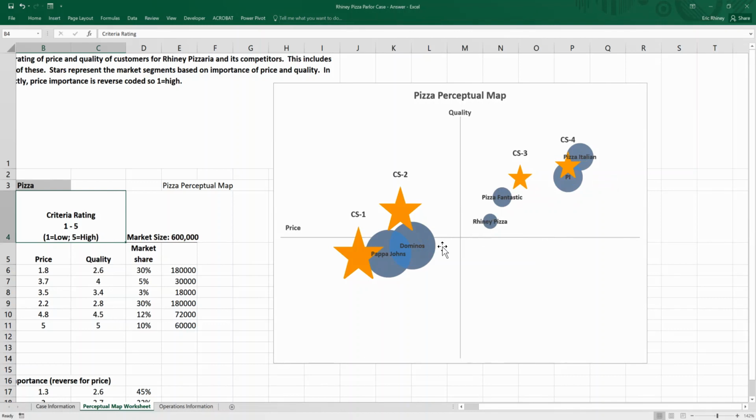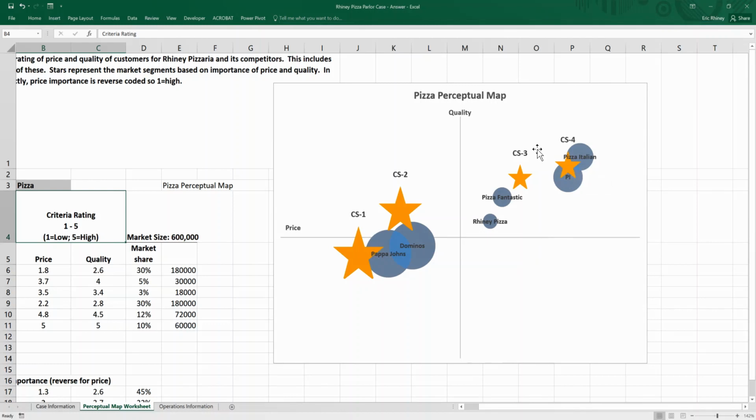We also have these circles which represent the various competitors, and we see down here Papa John's and Domino's are vying for these 2 market segments, and they're the ones that are primarily answering the call for low price, low quality pizza, and they're doing a good job in this market. We have Riney Pizza, which is located here. Next closest competitor is Pizza Fantastic, and we see up here that there is a fierce battle between Pie and Pizza Italian for this market segment.